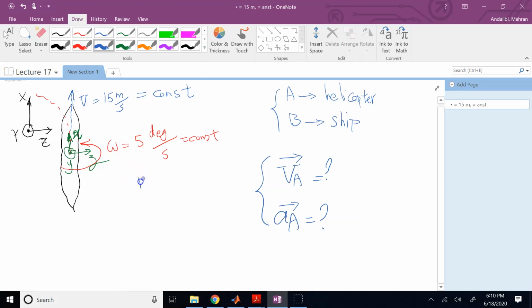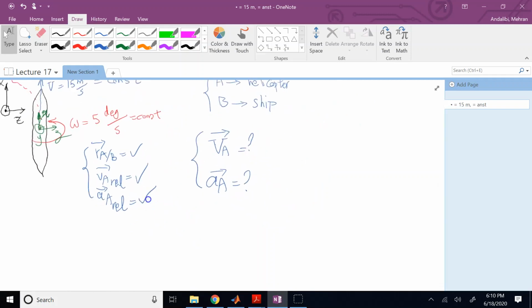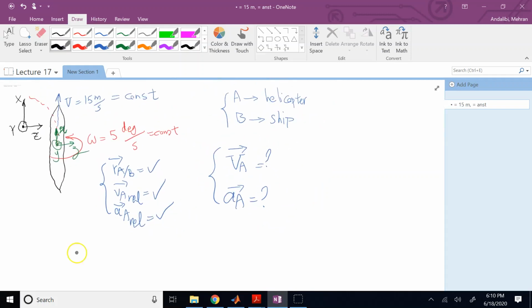And we know that r of A with respect to B is given, v of A relative to B, of course, is given, and a of the helicopter relative to the ship is also given. So then it shouldn't be such a huge deal. All we need to apply is the formulas that we know.